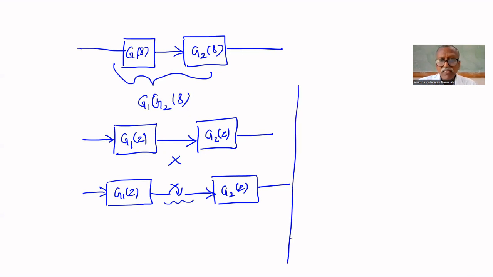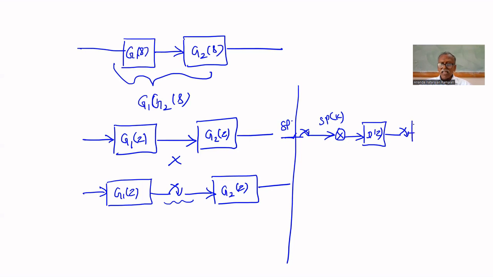So if you consider this transfer function, here we have a hold circuit. That's why a sampler is there. The set point is given here. Here the set point of K is available, so it is discretized. That's why it can be given to D of Z. The output of this D of Z is given to the sample and hold circuit along with a DAC.